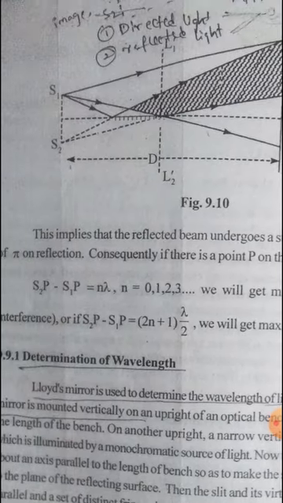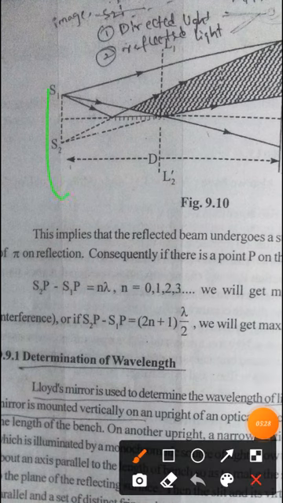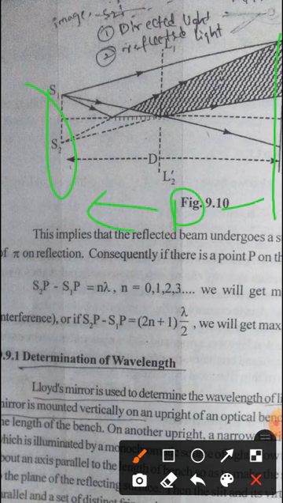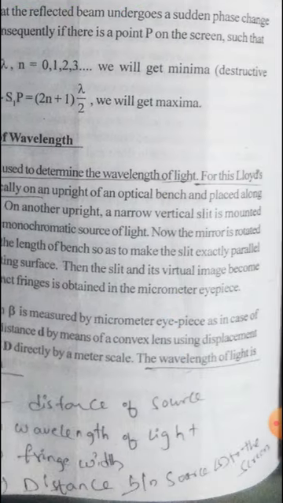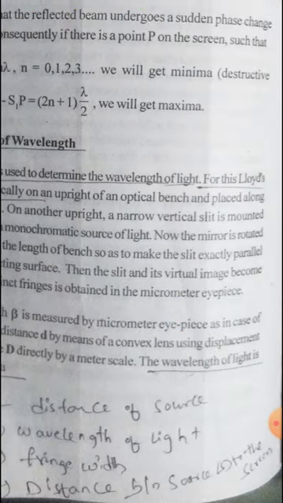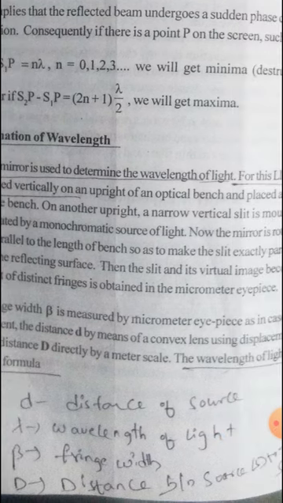Here, this is the source and here it is the screen. So here capital D is the distance between the source and screen, small d is the distance of the source, lambda is the wavelength, beta is the fringe width.